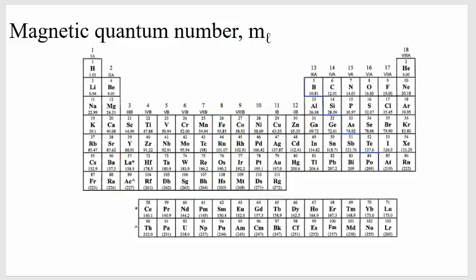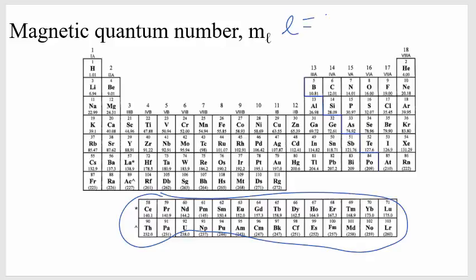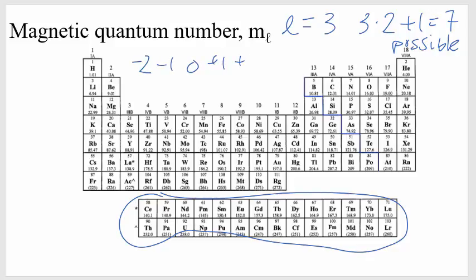Okay, so then the last area of the periodic table for our M sub L values is the inner transition metals here. They have an L value of 3. We can do our little formula: 3 times 2 plus 1 is 7 possible M sub L values. We'll have 0, -1, +1, -2, +2, and now -3 and +3.